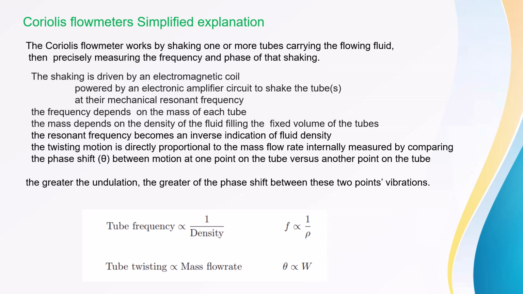The degree of the phase shift between the two points of vibration indicates the mass flow rate. So in the Coriolis flowmeter, two parameters are very important: frequency and phase shift decide the flow rate.